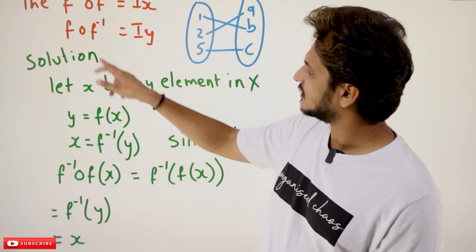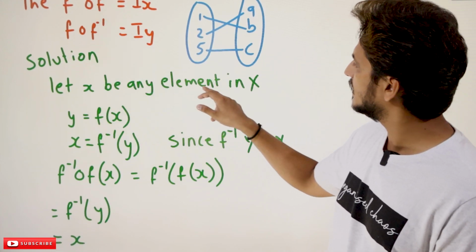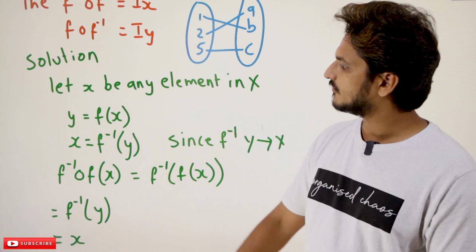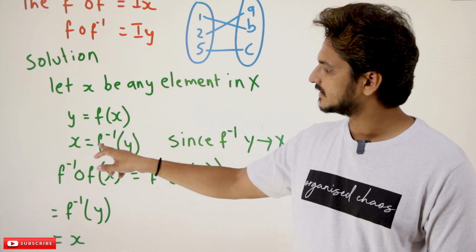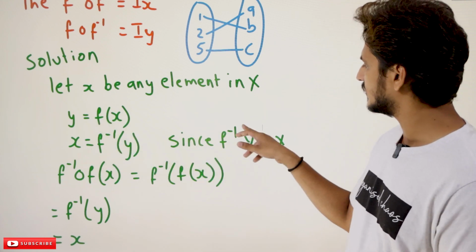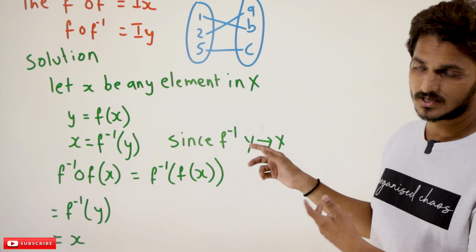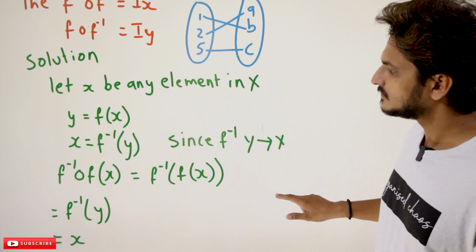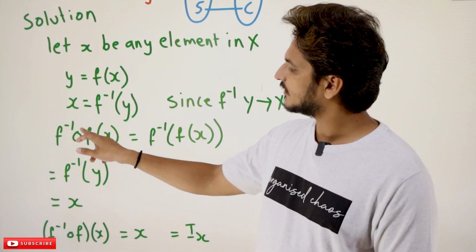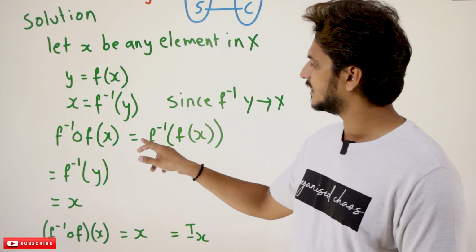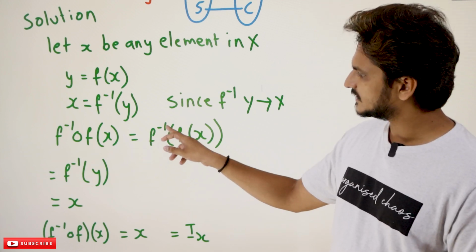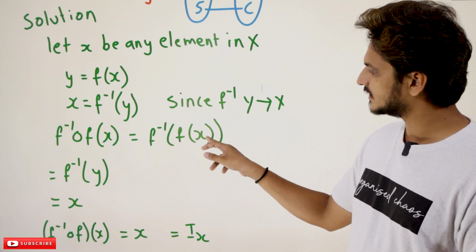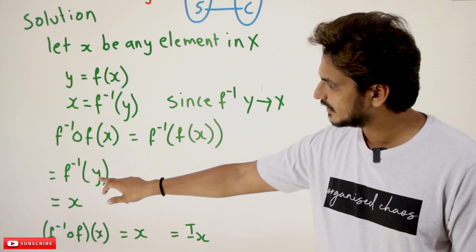Let's take this f inverse of f. Let x be an element in X. y is equal to f of x. From this we can write x is equal to f inverse of y, since f inverse is a function from Y to X. So now take f inverse circle f of x, that is equal to f inverse of f of x. f of x can be written as y.